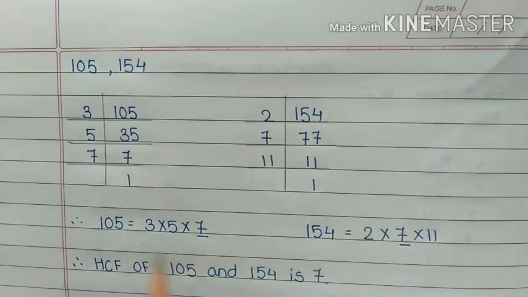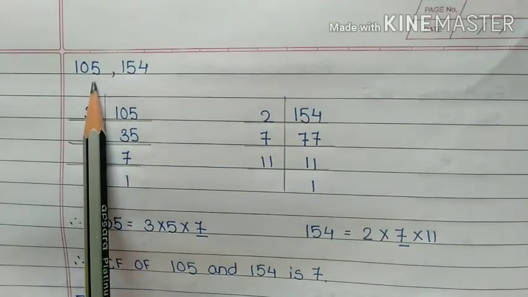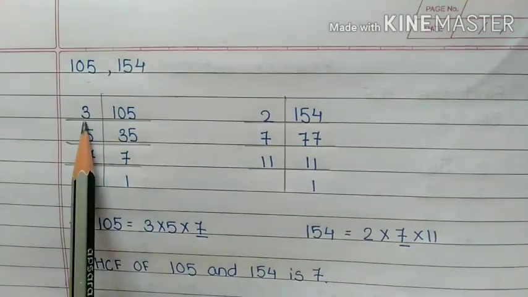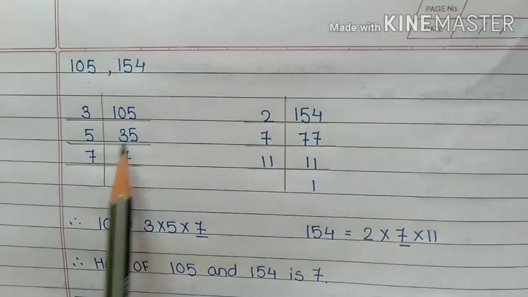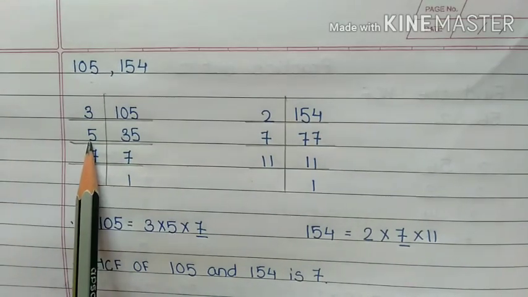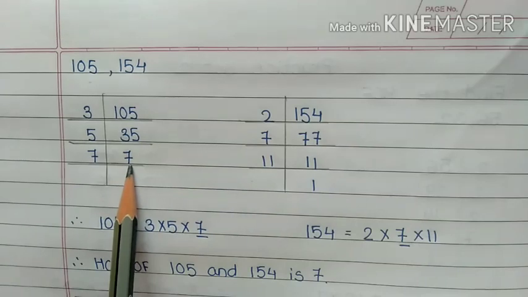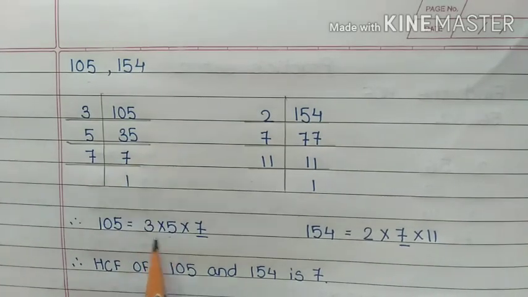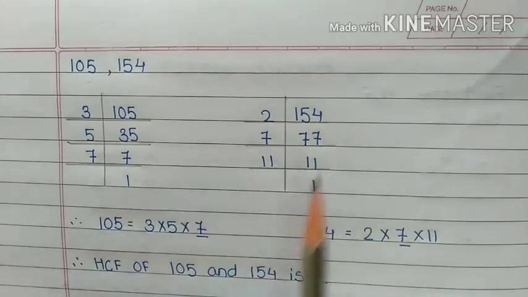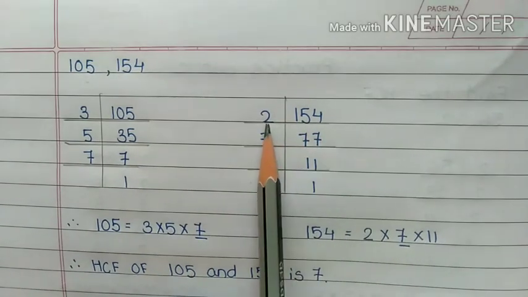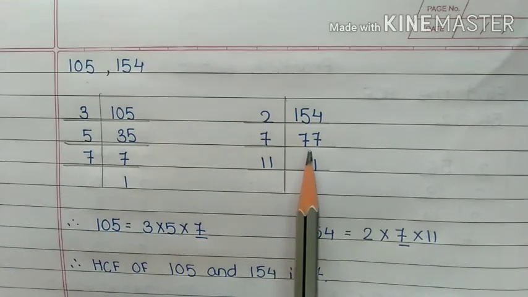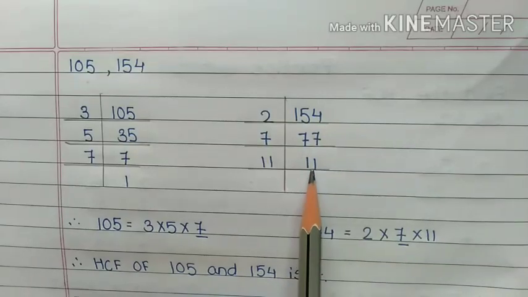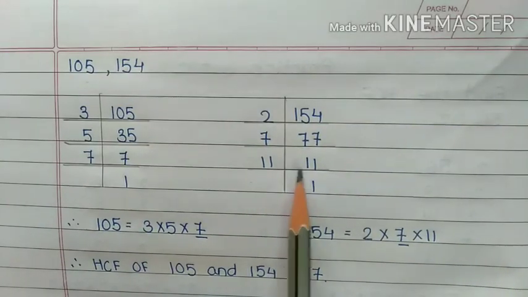Next example, 105 and 154. 105 is divisible by 3, 35. 35 is divisible by 5, 5 7s are 35. 7 is prime, 7 ones are 7. 105 is equal to 3 into 5 into 7. 154 is divisible by 2, 77. 77 is divisible by 7, 11. 11 is prime, so 11 ones are 11.